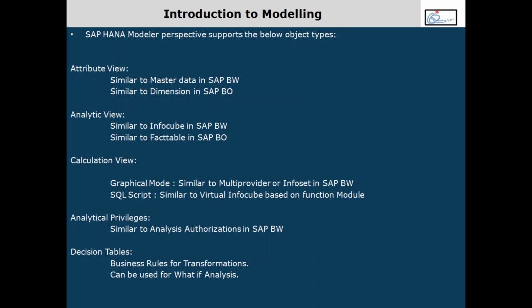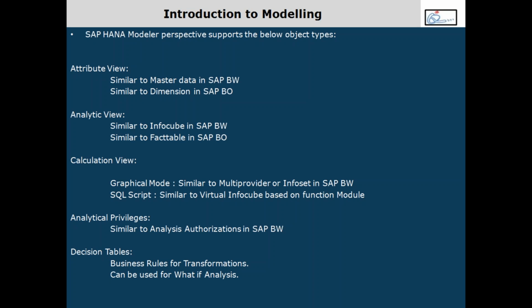In both analytical and calculation views I can use measures, but in an analytical view I can refer to the measures only from a single table. If I want to refer to measures from multiple tables, I have to go with a calculation view. Whatever you can achieve with an attribute view or an analytical view, I can still achieve with a calculation view, and much more complex scenarios can also be implemented.